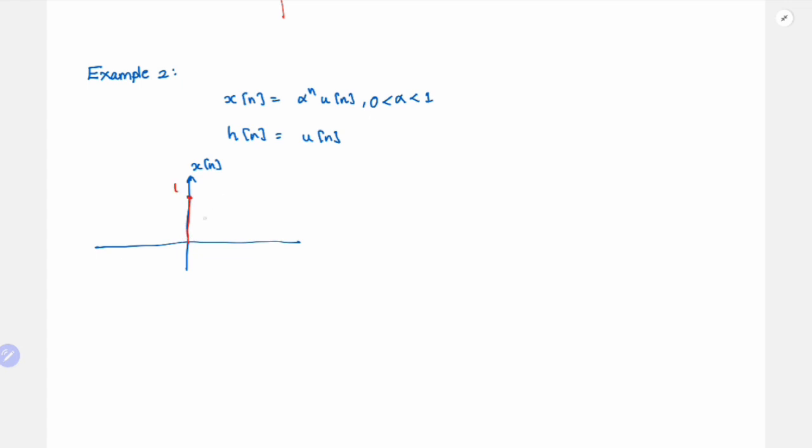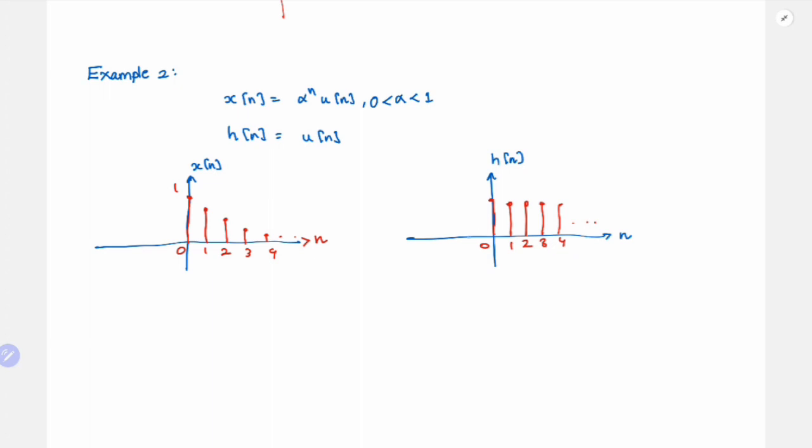So it will start from 1, and then it will keep reducing, 0, 1, 2, 3, 4 and so on. This is n, and my h of n is the simple unit step, right? It is going to be 1 for n greater than 0. And for n less than 0, both are going to be 0.